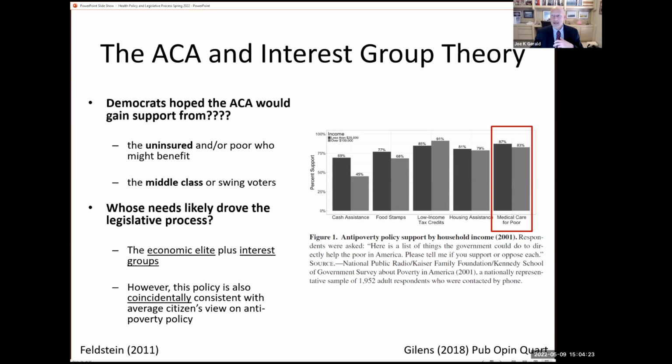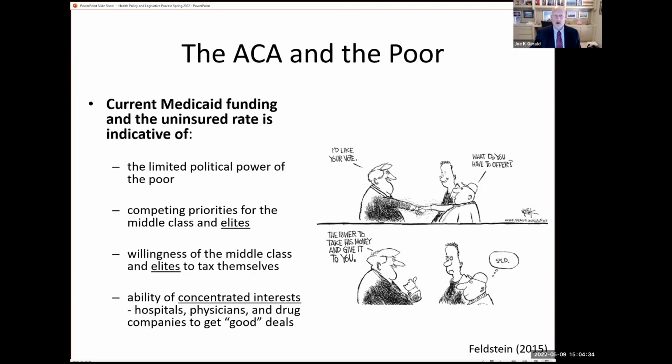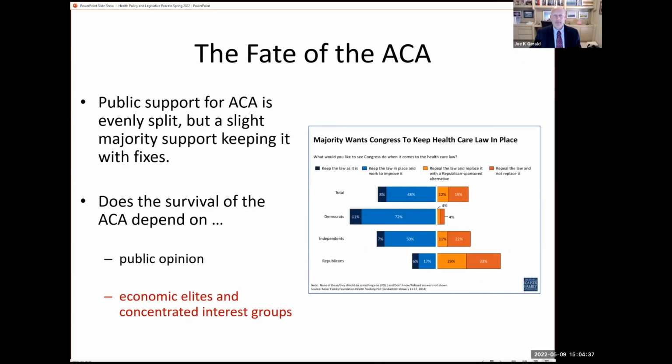And so it wasn't a handout to the poor. Instead, it was trying to meet the needs and preferences of our economic elite and our healthcare oriented industries. Very close call there.